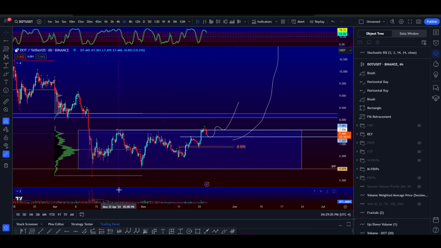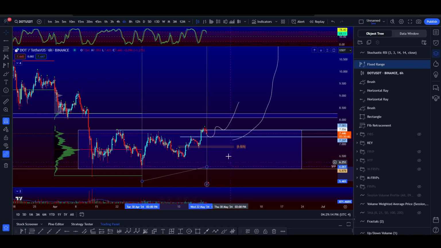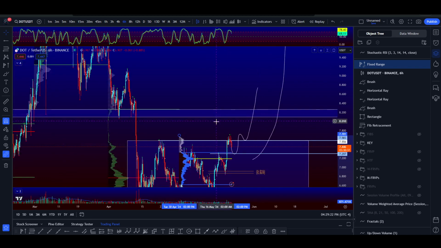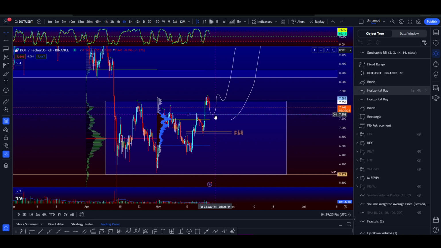So hopefully this does something like that, right? And then we also can see the developing monthly profile just to see what's going on. All right, so right around the area, value area high lining up with that line I just drew as support. So yeah, hopefully we get something like this, but the best long would be down here, right? Would be down here.